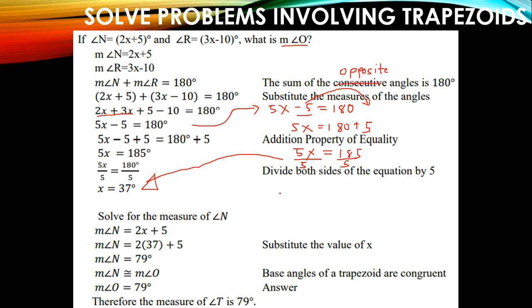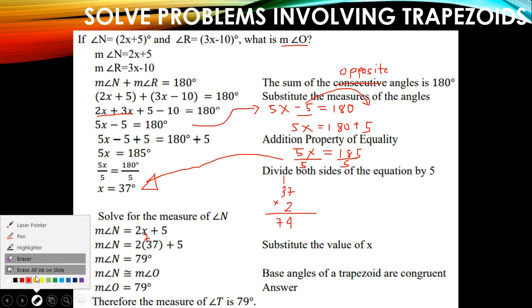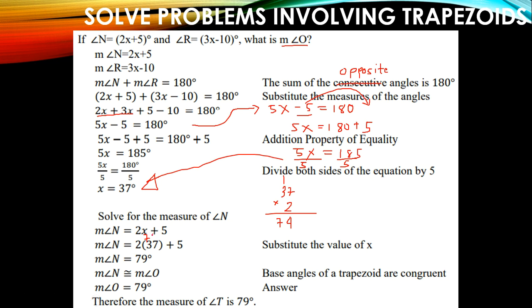Then 2 times 37: 7 times 2 is 14, bring down 4, carry 1, so that's 74. Then 74 plus 5 equals 79 degrees. So that is the measurement of angle N.